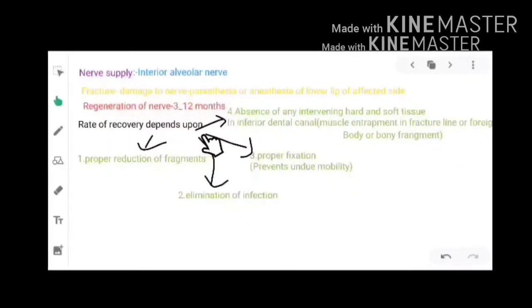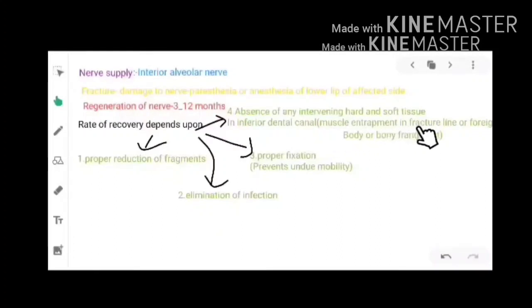Rate of recovery of the nerve depends upon 4 factors. First, proper reduction of fragments. Second, elimination of infection. Third, proper fixation, which prevents undue mobility. Fourth, absence of any intervening hard and soft tissue in the inferior dental canal.